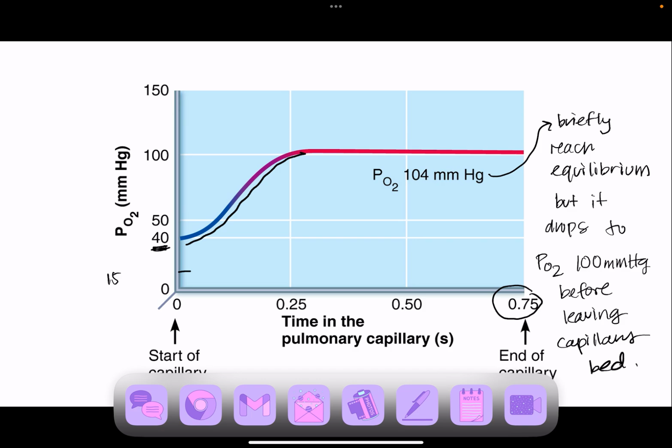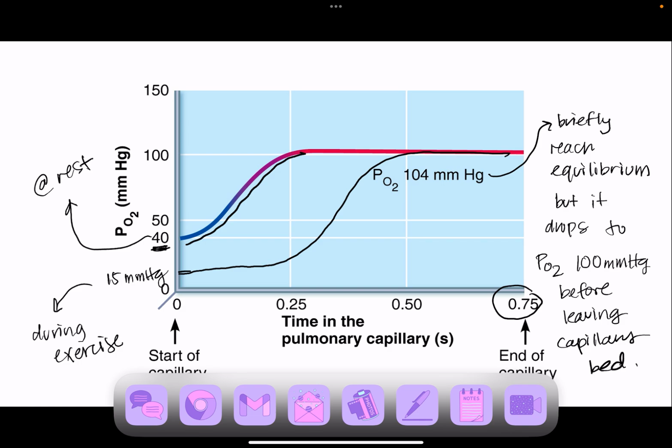So this is going to be at rest, and this is going to be during exercise. So during exercise, we can drop down to 15 millimeters of mercury for the partial pressure of oxygen, which is okay because we have that extra time to get to that 100.